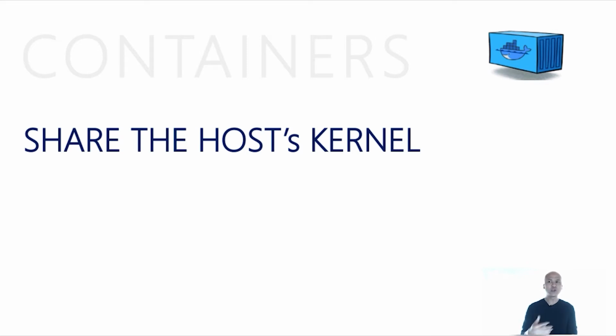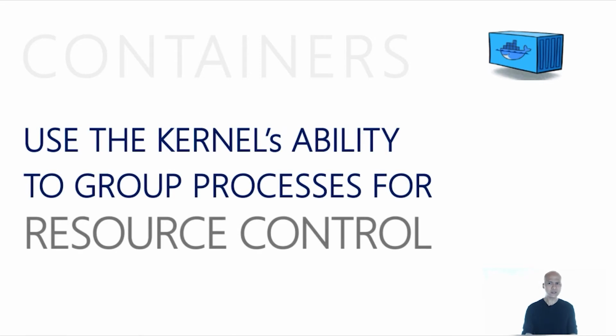You're introducing the ability to share the kernel, which means, again, instead of having multiple copies of the operating system, you only have one copy. Every container will then tap into the capabilities of the host's kernel and present that to the container layer for the application to use. It uses the kernel's ability to group resources or processes for resource control.